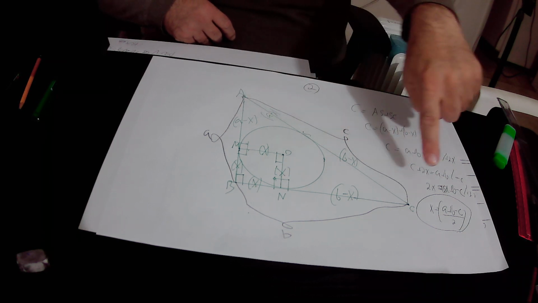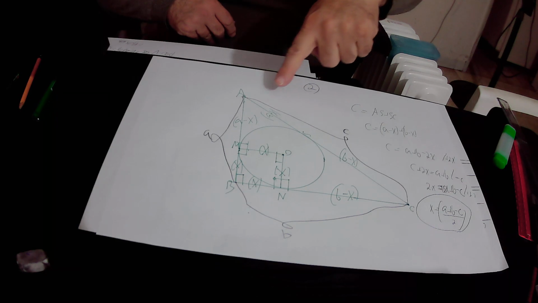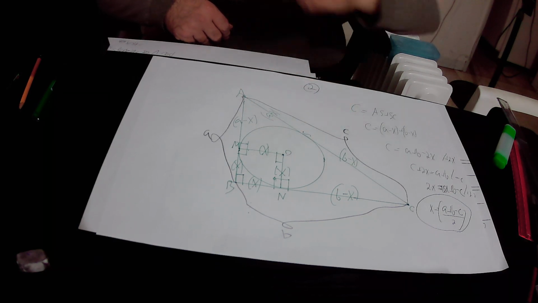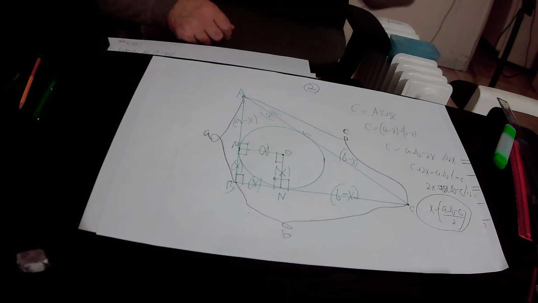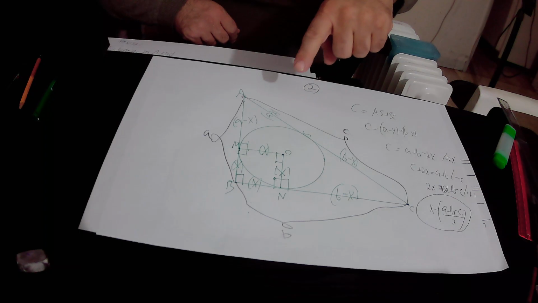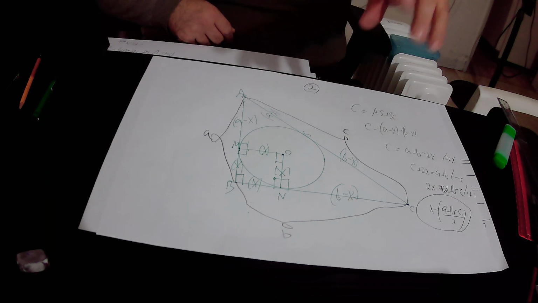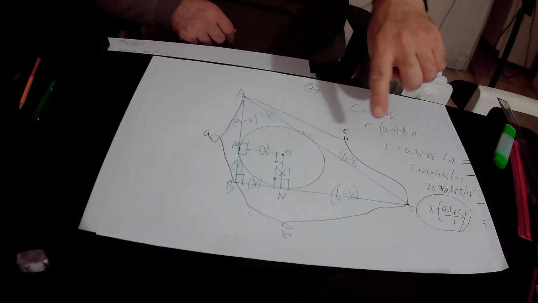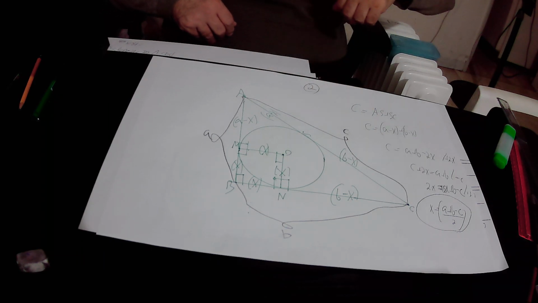So triangle ABC is a right triangle, and it blocks this circle with radius x. We developed a new formula that will help us find the radius of this circle, x, only by knowing the side lengths of this right triangle ABC that blocks this circle.